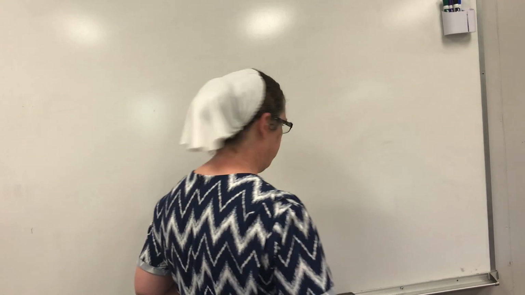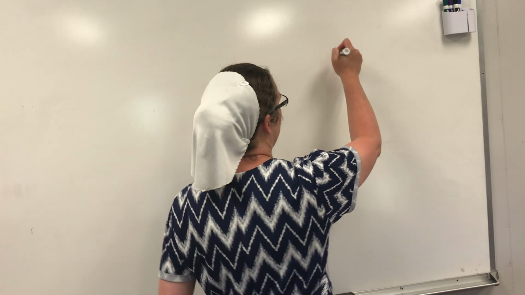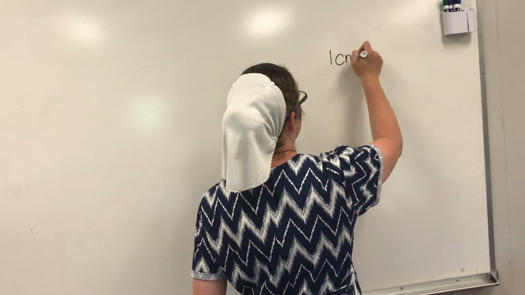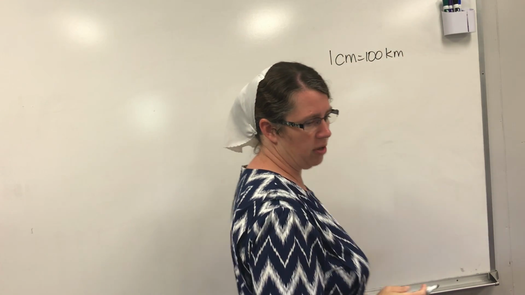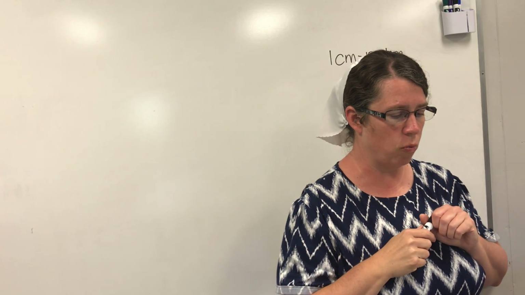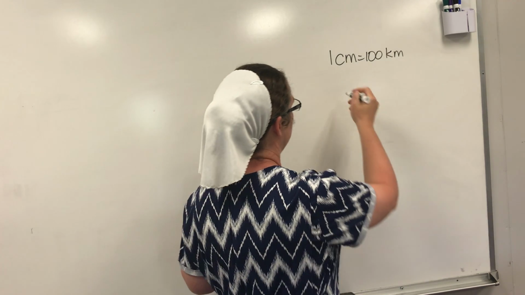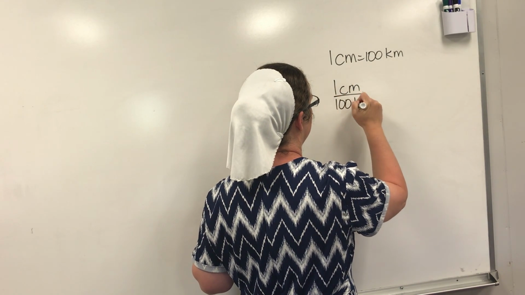All right, so on our map, when we measure centimeters, it represents 100 kilometers, okay? And it says you can use proportions with the ratio 1 centimeter to 100 kilometers. So they tell you to set it up like this. In a proportion.